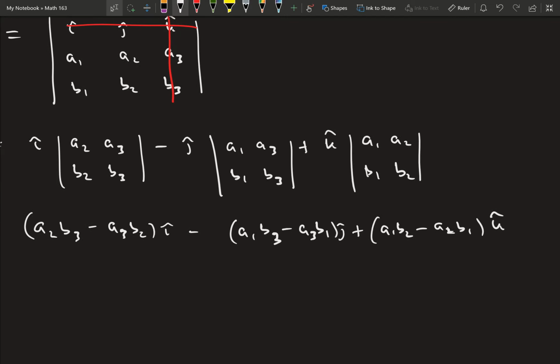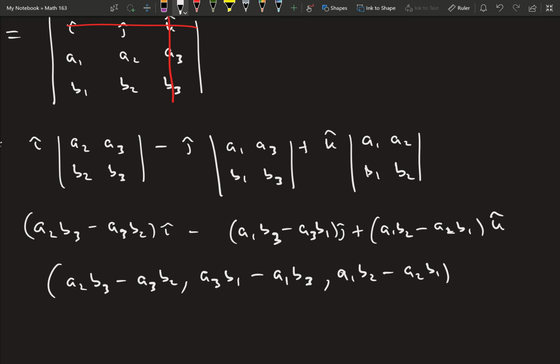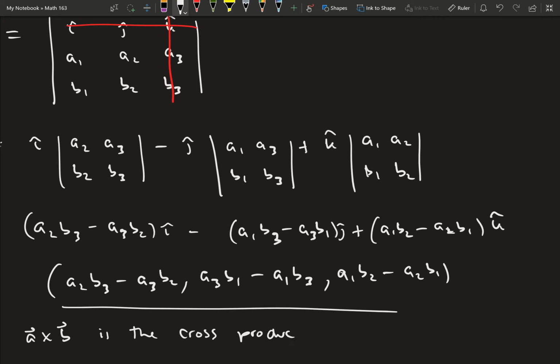So in coordinates, if you multiply this out without writing the i, j, k, this is A2 B3 minus A3 B2, comma, there's a negative sign here, so I have A3 B1 minus A1 B3, comma, A1 B2 minus A2 B1. So this vector here, which is A cross B, is the cross product of A and B.